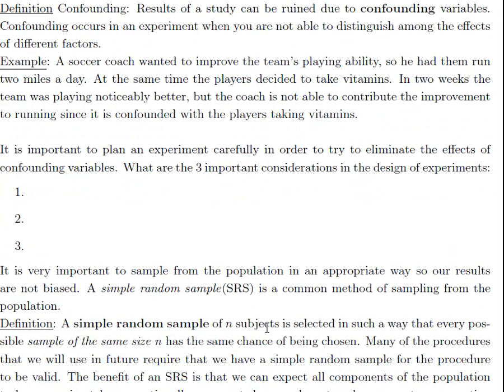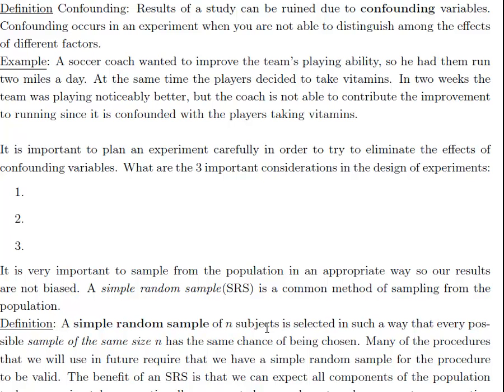The reason we would do an experiment versus observational study is to control for what we call confounding variables. So the confounding variables are other variables that aren't included in the study, but can have effect on one of the variables that are.